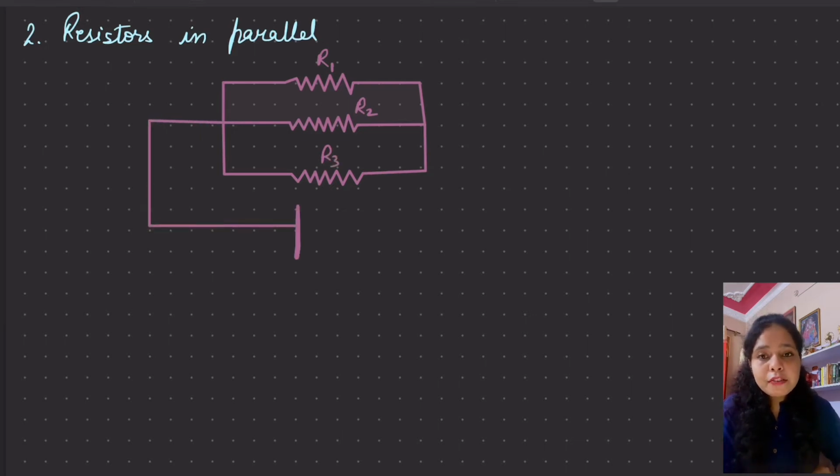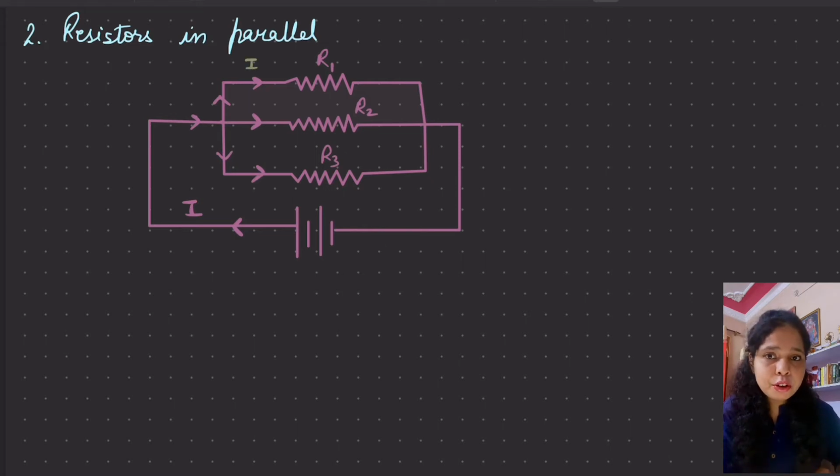So when I have attached this battery, we can see that when current will start flowing from the battery, then this current will be having three ways. So this current is having an option either to go to R1 resistor, or to enter R2 resistor, or to enter R3 resistor. So this current is getting confused, therefore it will help itself out by dividing itself into three parts.